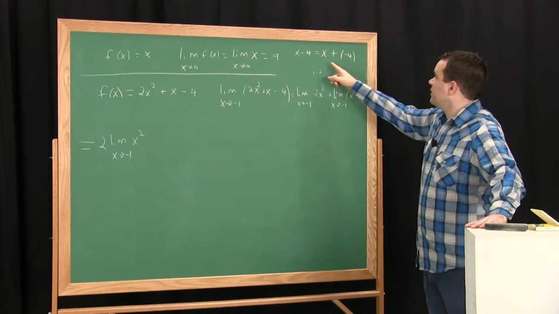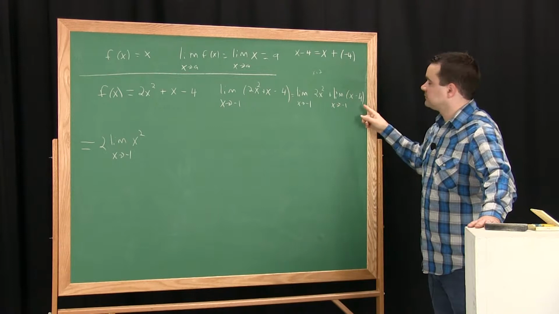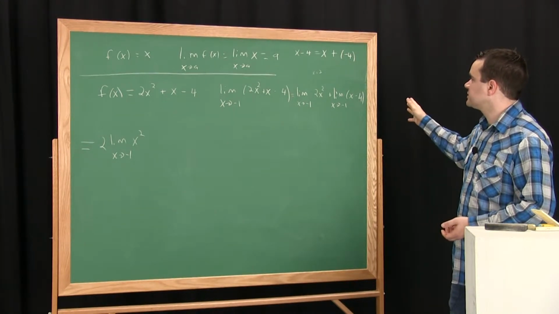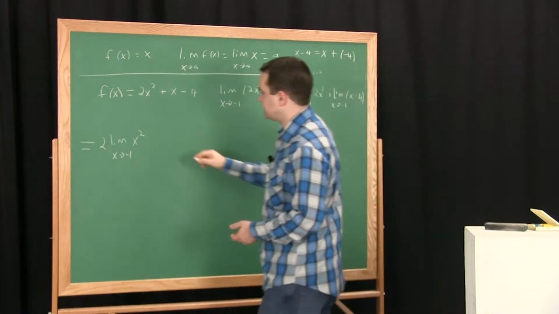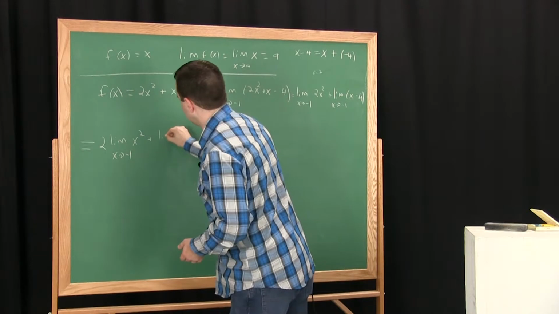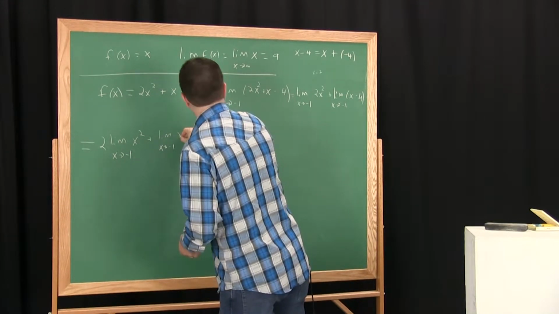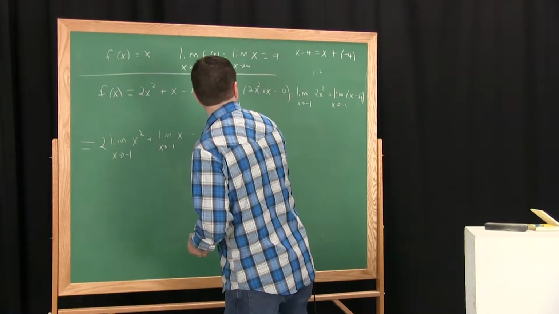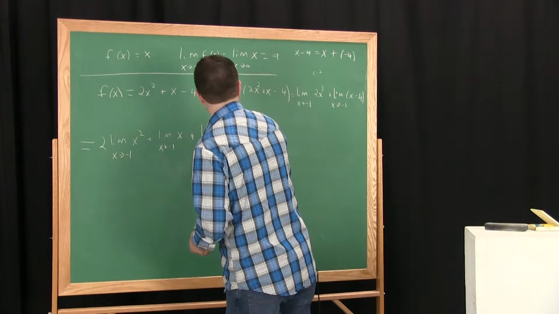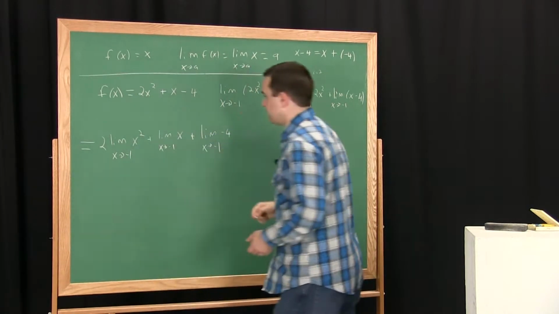So the limit of x plus -4, in other words, the limit of x minus 4, using that sum law is going to be the limit of x plus the limit of -4. So I'll just write that down here. This is the limit as x goes to -1 of x, plus the limit as x goes to -1 of -4.